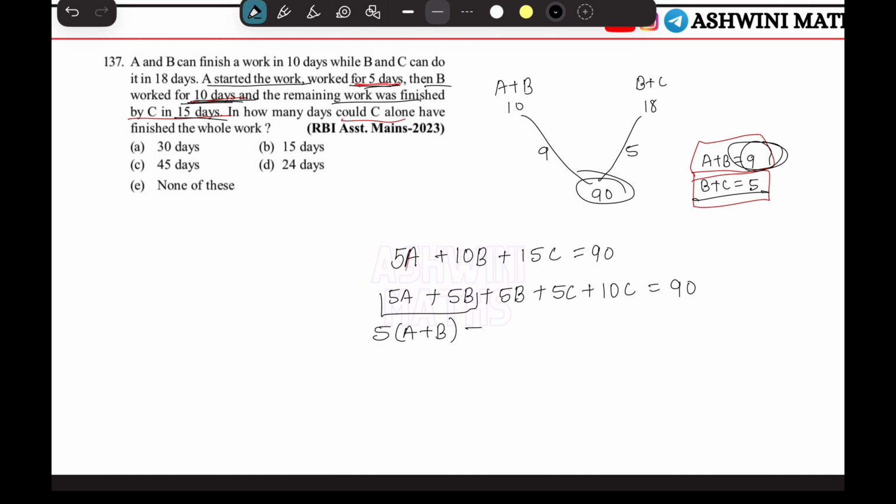Now if the 5-day contribution of B is taken along with A so that the relation A plus B is equal to 9 is satisfied, we can take another 5B out of 10B along with 5C, so that after taking 5 as common we get B plus C, and the value of B plus C is given to us as 5. We can write here, and 10C is equal to 90.